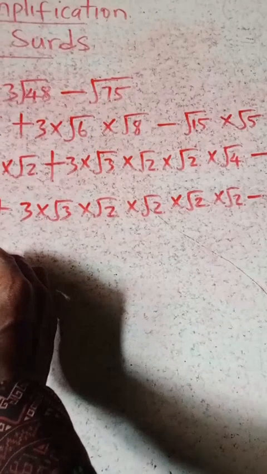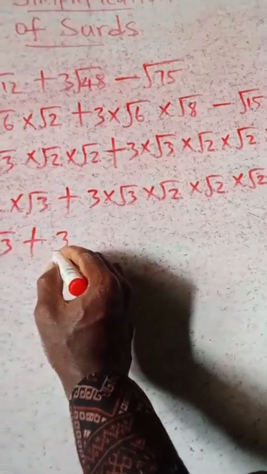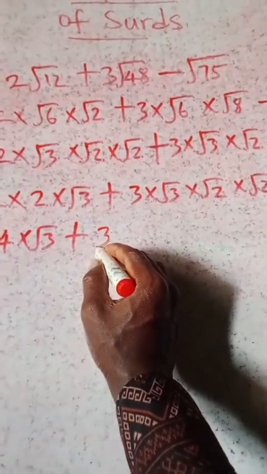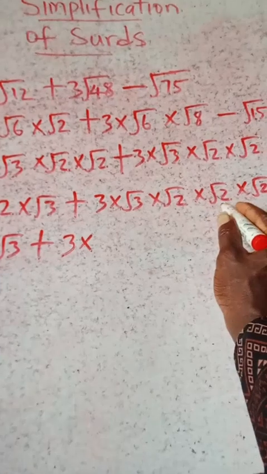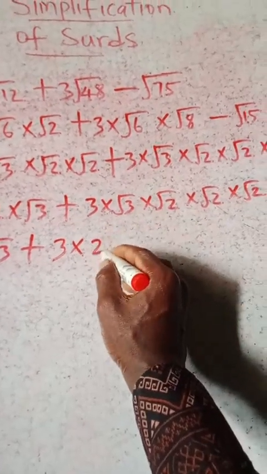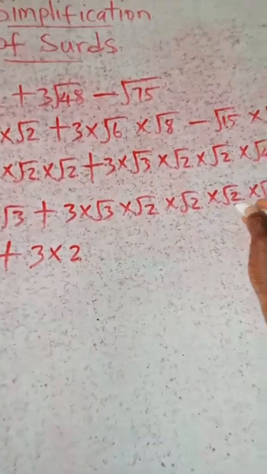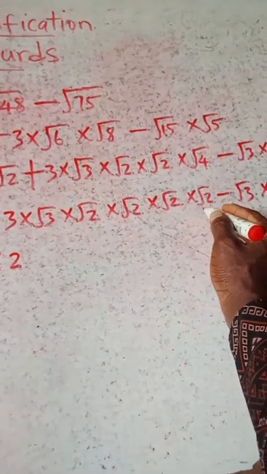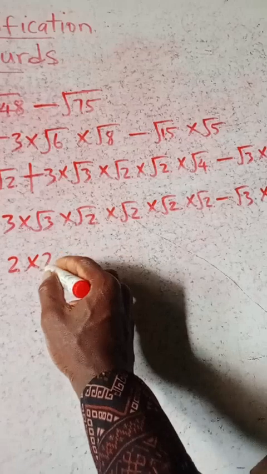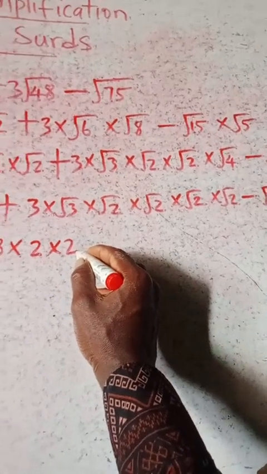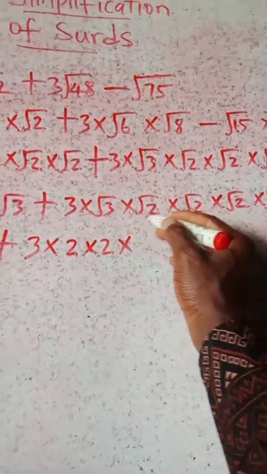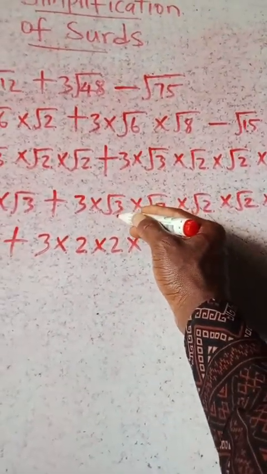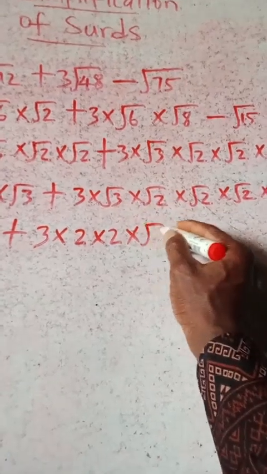So here we have 3, so it will be plus 3, times root 2 times root 2 is 2. Again, this root 2 times this root 2 is what? 2.